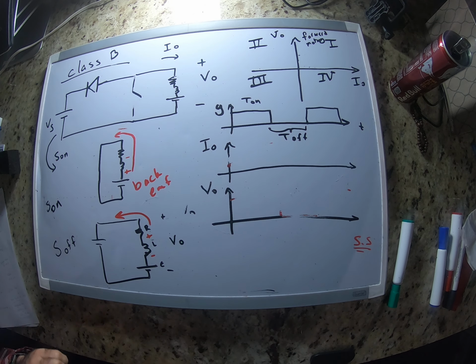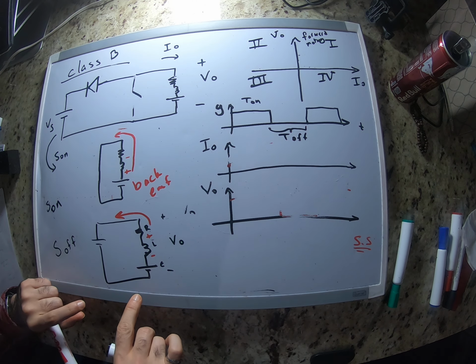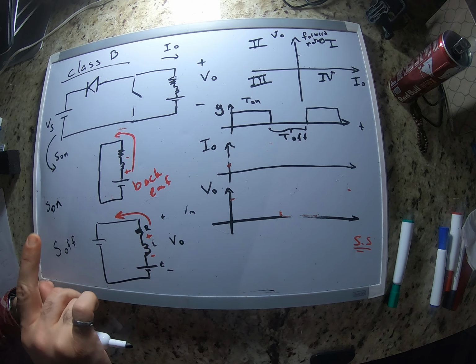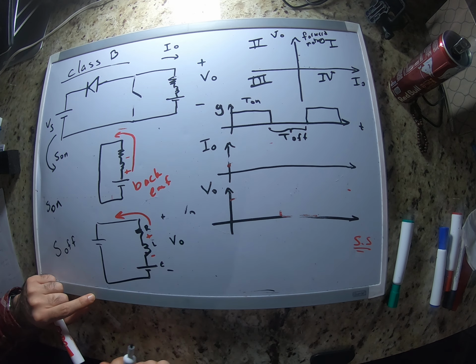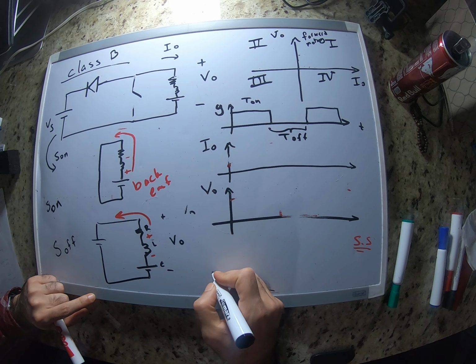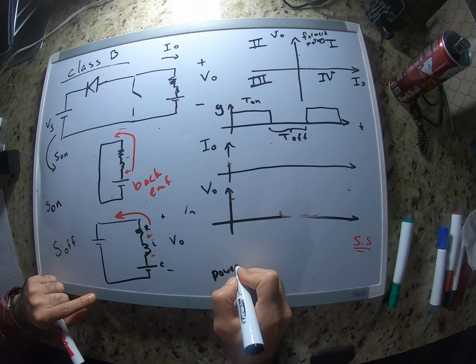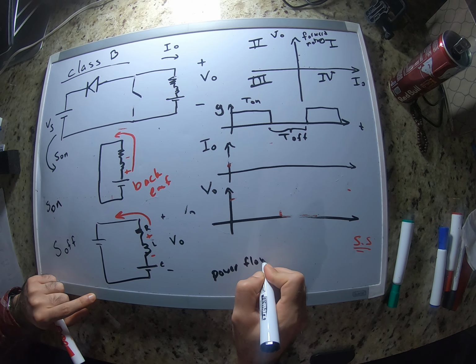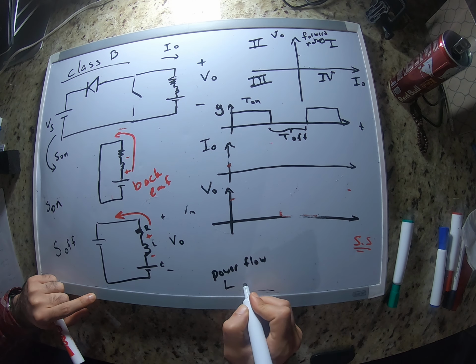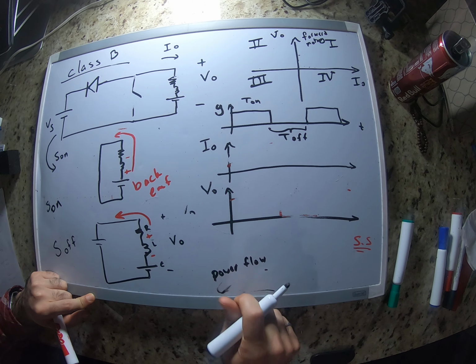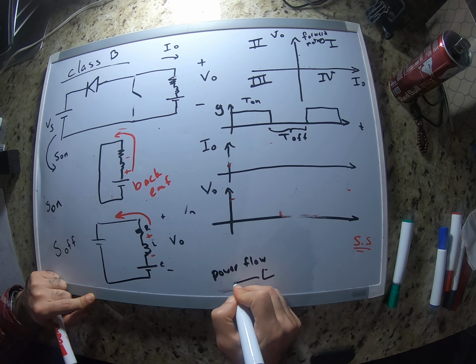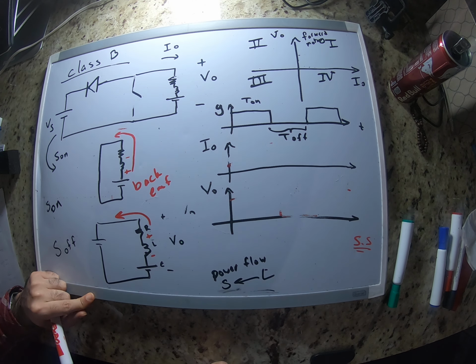As you can see here, the power flow in Class B chopper is from the load through the source. So power flow in this case is gonna be from load towards source. Let me actually do it like this, from load towards source.